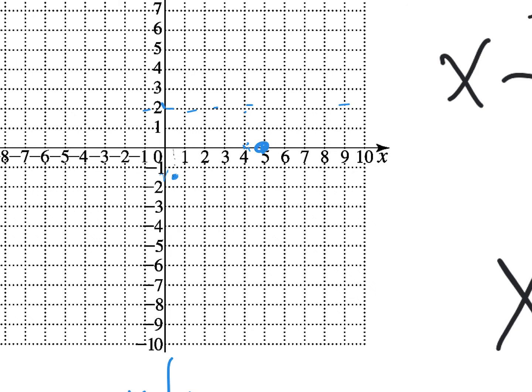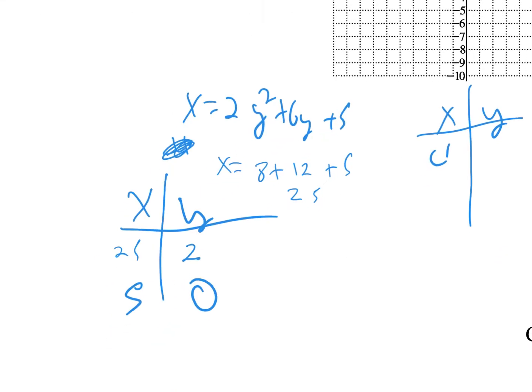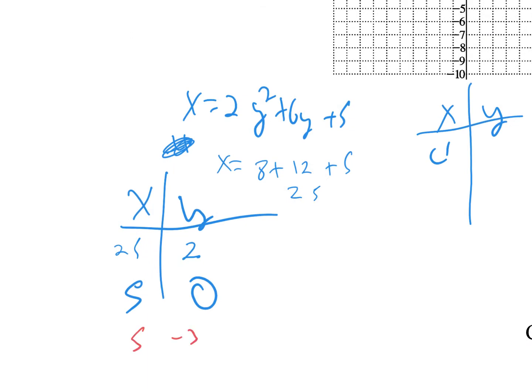But let me give you a secret. This is a line of symmetry. So even though I'm 1.5 up from that line of symmetry, if I go 1.5 down, I have the other point. At 5, I also have a negative 3, based on symmetry.